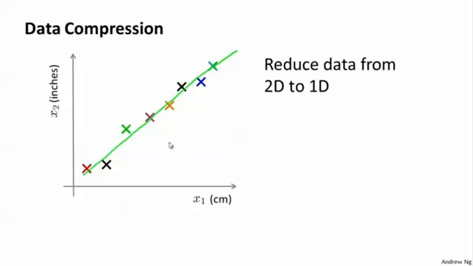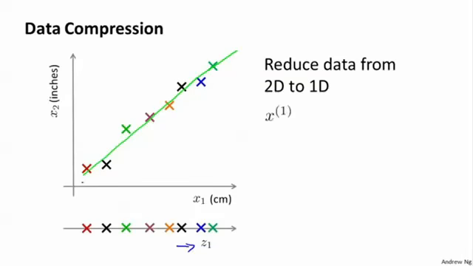And by doing so, I can just measure the position of each of the examples on that line, and come up with a new feature, z1, and to specify the position on the line, I need only one number. So z1 is a new feature that specifies the location of each of those points on this green line.